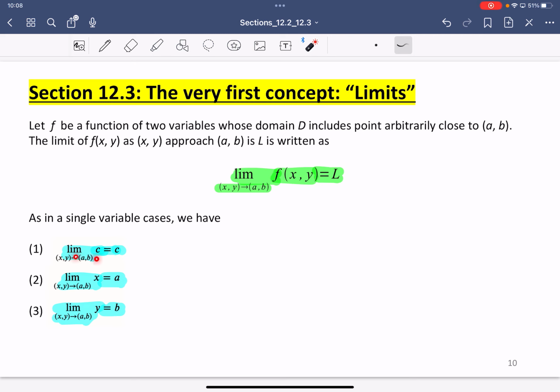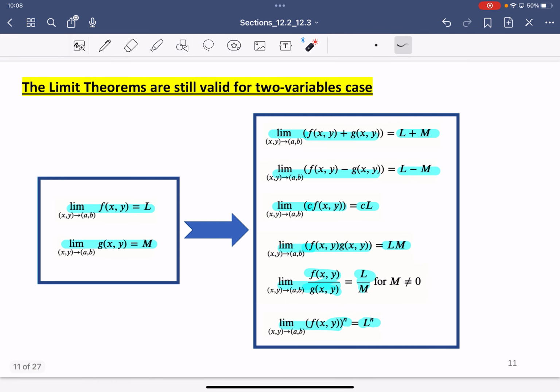So the limit of a constant c, you're just gonna get the constant c. And if you see x and y here, because x and y are continuous functions, you can plug in a or plug in b inside the limit. It's simple like that. And you can use all limit theorems here.